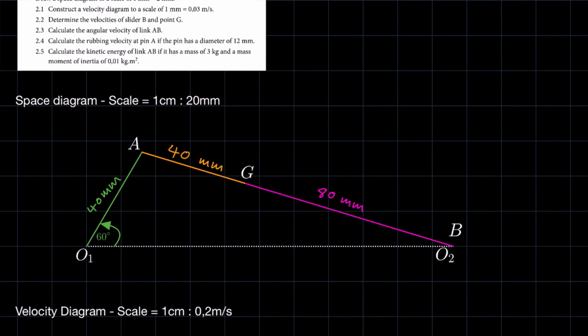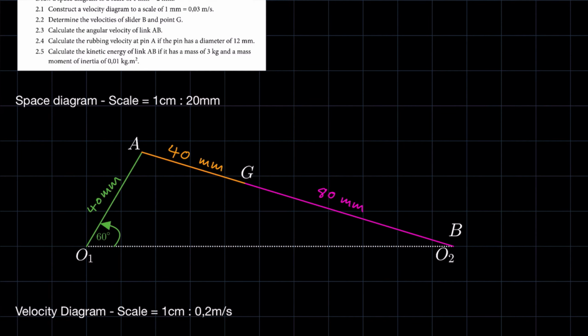If you look at this mechanism, we essentially have two fixed points. We've labeled them as O1 and O2. On the diagram itself, this is the point we take as O1, we're given this fixed point, and then the other fixed point, which on our space diagram we've labeled as O2.